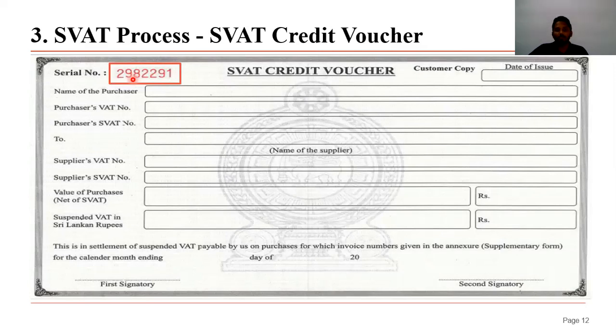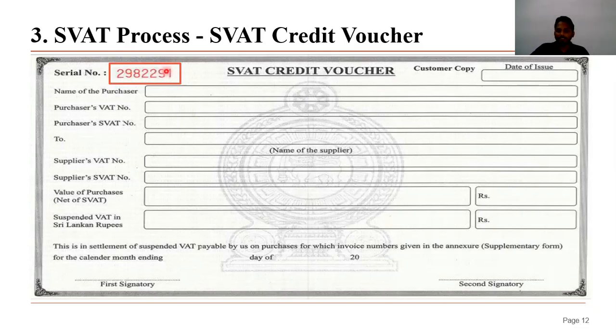Because for this number you have to visit IRD, and if you qualify to register as RIP, only then will IRD issue credit vouchers. Then only you can purchase. Even if you purchase, you have to get access to the system, and then you can make these purchases under SVAT terms. Then you can approve by allocating this physical number to the system.